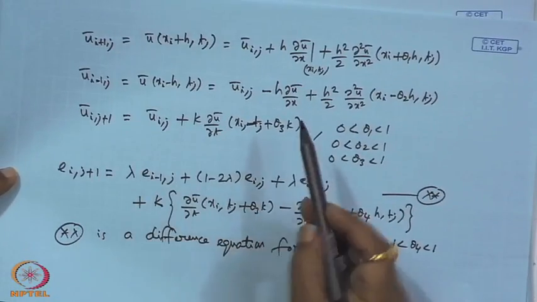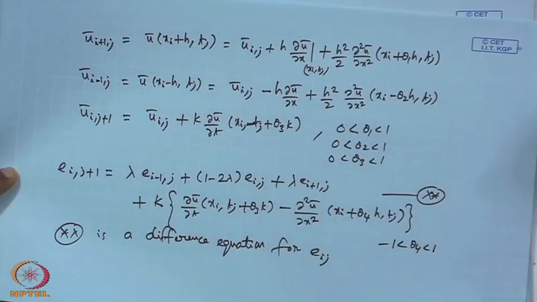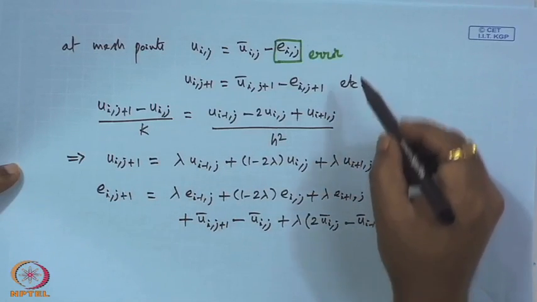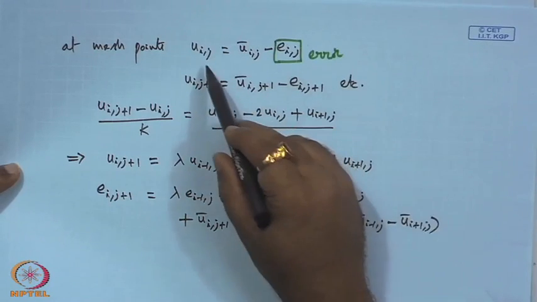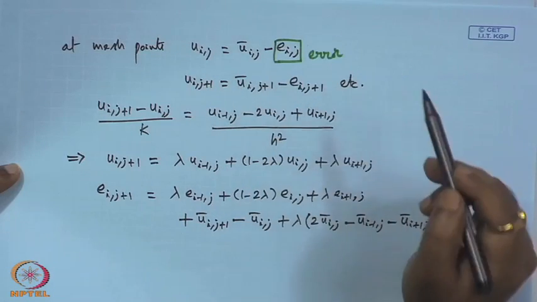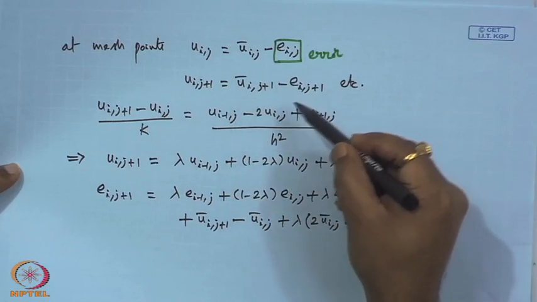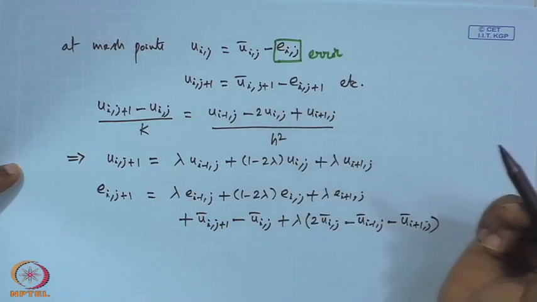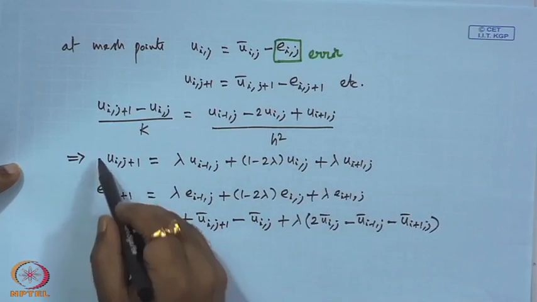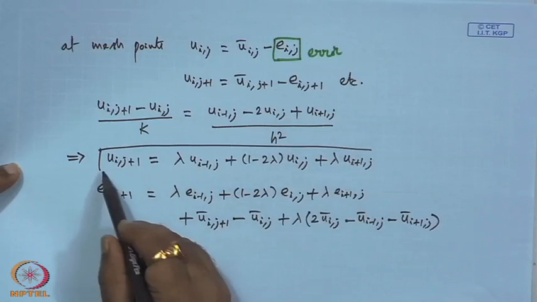Carefully observe. Let me repeat. We have considered the ansatz. This is approximated with the exact, differing by an error, and at each grid point we play with the index. Then this is our difference scheme.